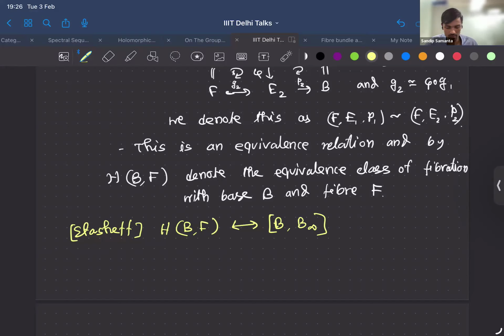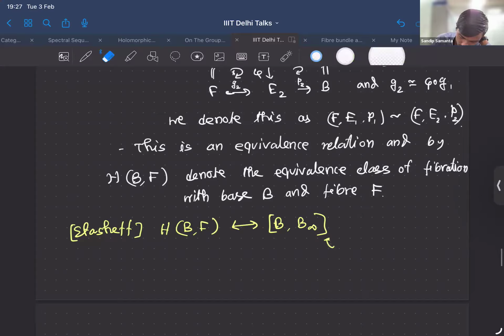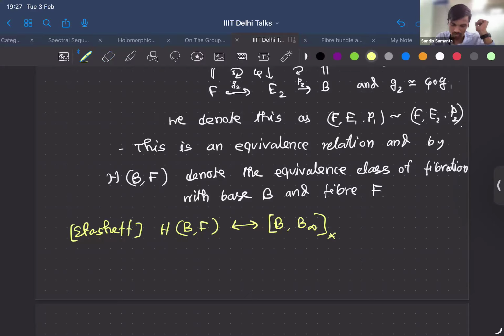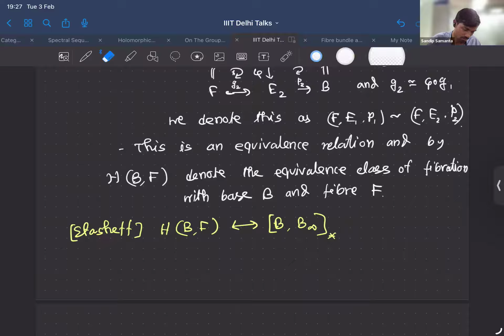In this case, maybe I should put a star here to differentiate from the original homotopy class of maps from that to this. This star means it preserves the base point. Okay, so there exists this BG.